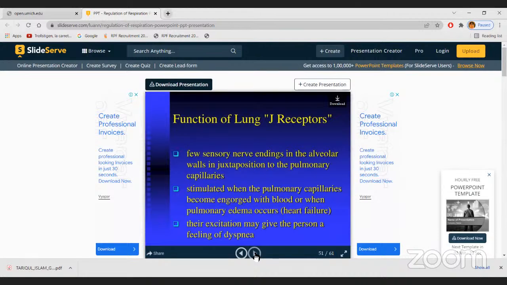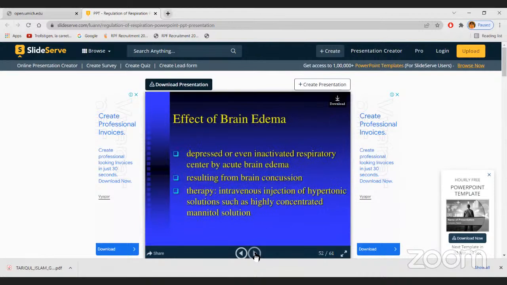So very important is the effect of brain edema. The respiratory center can be depressed or even inactivated by acute brain edema resulting from brain contusions.